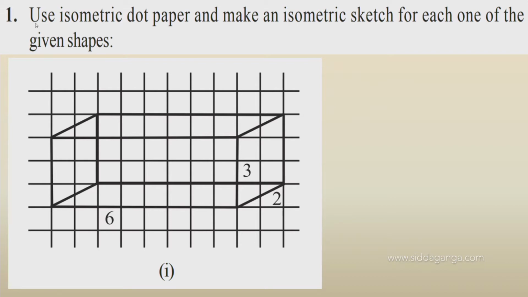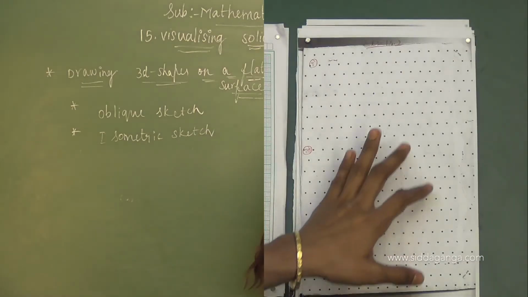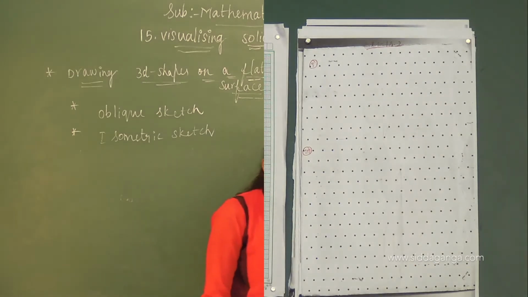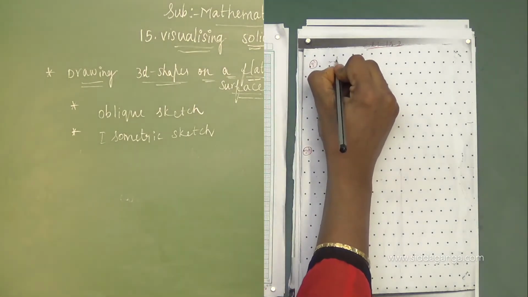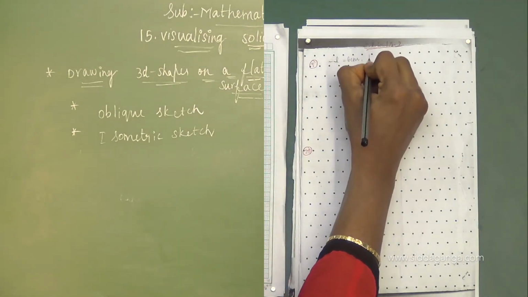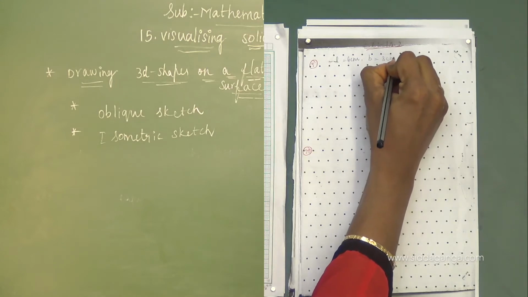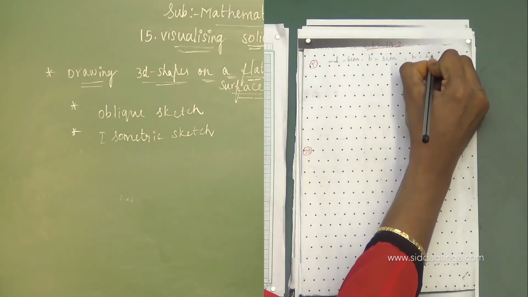See here, they have given one oblique sketch that looks like a cuboid with length 6 centimeters, breadth 3 centimeters and height 2 centimeters. I will show you how to represent that on this isometric dot paper. Length is 6 centimeters, breadth is 3 centimeters and height is 2 centimeters.